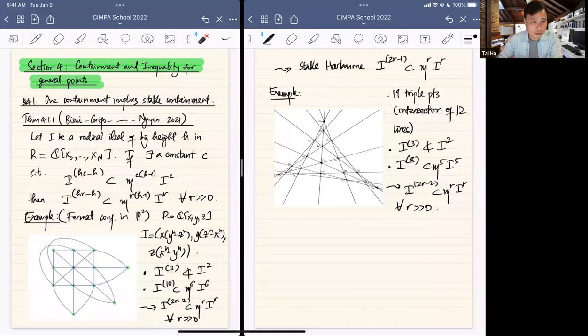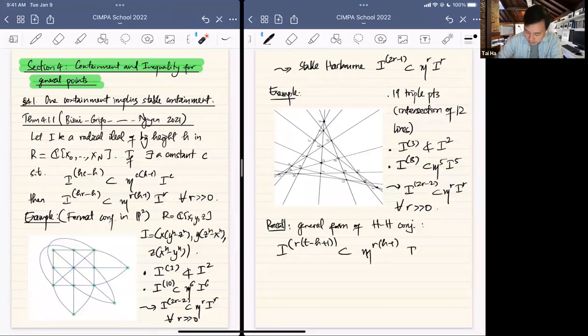So of course, let me also recall the general form of the Harbourne-Huneke conjecture. It basically says that we should have I to the rt minus h plus 1 contained in m to the r h minus 1, I to the t to the power r.